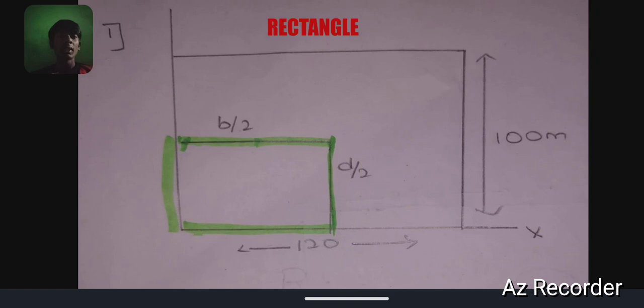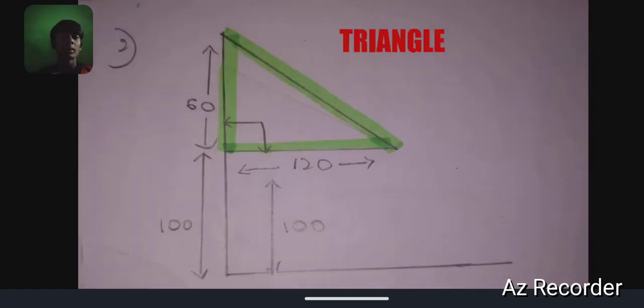Firstly we have to see the rectangle, where breadth is 120 and height is 100 meter. The second component is the triangle, which is 100 meter far from the x-axis and which has breadth 120 meter and height 60 meter.